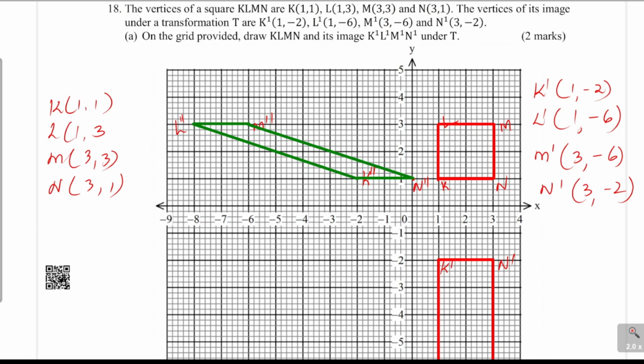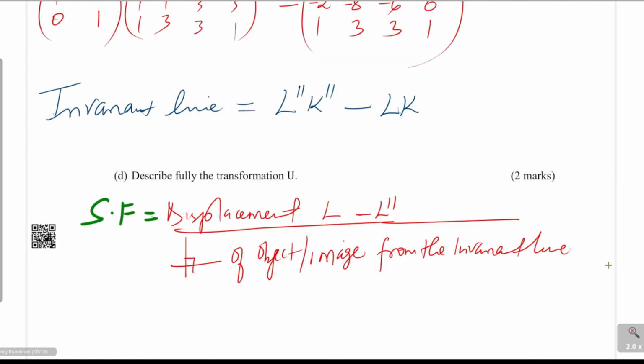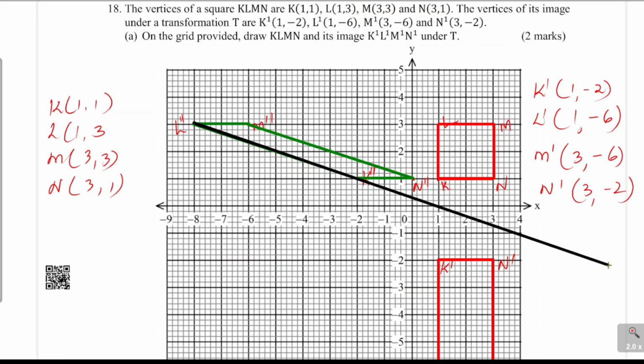Let me join L double prime, K double prime, and ensure that you extend it fully like that. That is the line L double prime, K double prime. Then the other line LK is here, and you extend it.